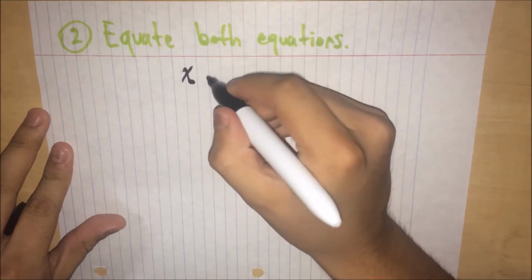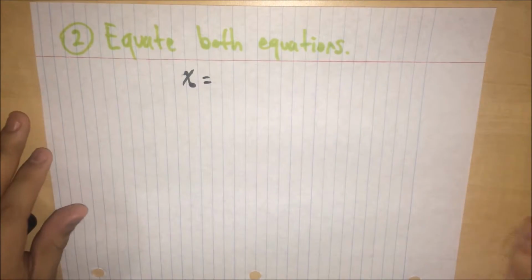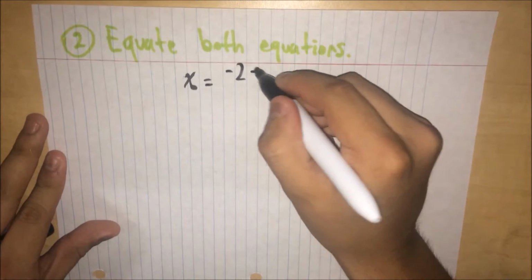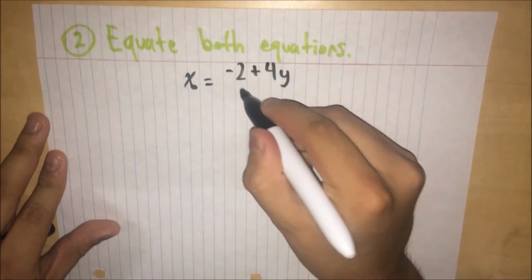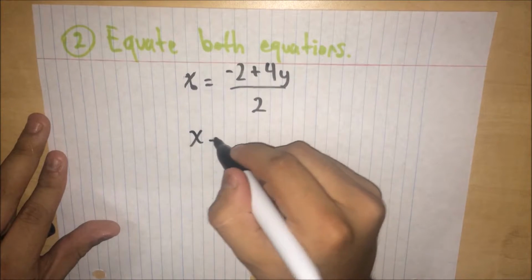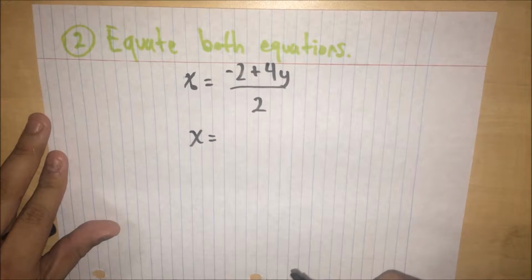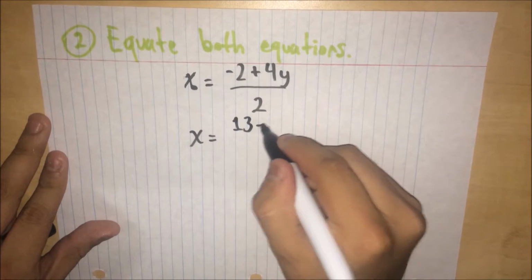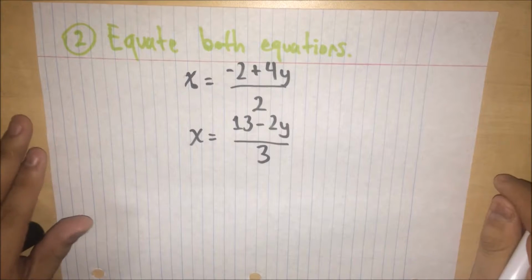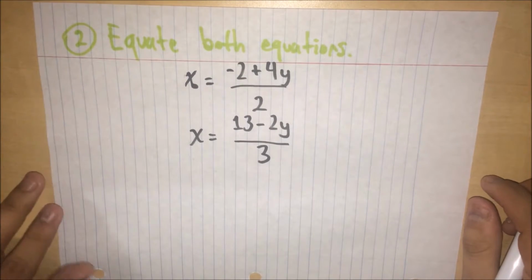The first one was x is actually equal to (minus 2 plus 4 times y) over 2. And at the same time, for the second equation, we got that x is actually equal to (13 minus 2y) over 3. So for this step, we are going to equate both of them.